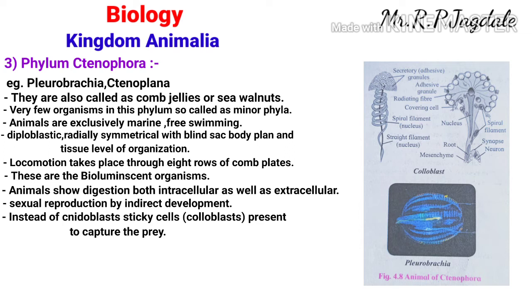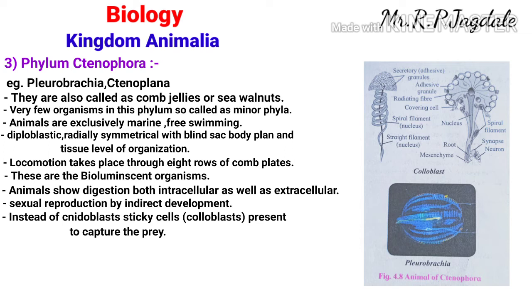This is one of the characteristic features of the Ctenophora, that they have sticky cells called colloblasts, as you can see on your screen, to capture the prey. So this is about the phylum Ctenophora. We have seen that they are called comb jellies or sea walnuts. It is a minor phylum. They are marine and free swimming.